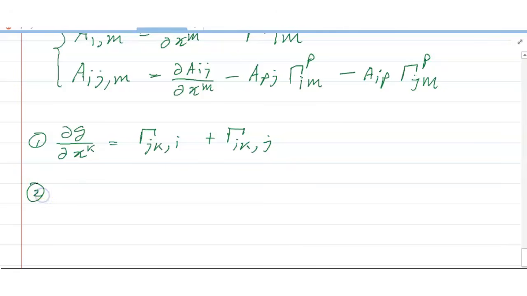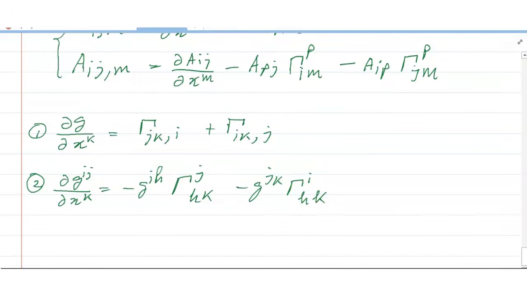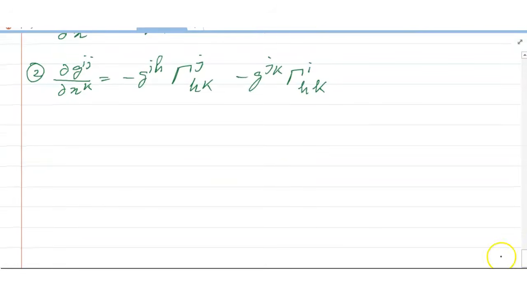And number 2, del g^{ij} divided by del x^k equals minus g^{ih} gamma^j_{hk} minus g^{jh} gamma^i_{hk}. So friends, these formulas are very important for the Ricci theorem. Now I discuss Ricci theorems.